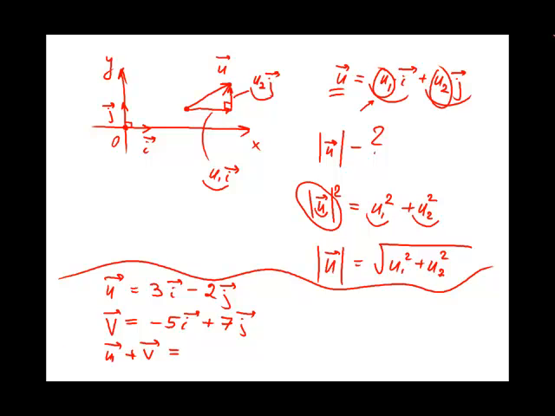Look, 3i, first goes vector u, minus 2j, plus vector v. You may open a bracket if you wish. Then you write your vector v, minus 5i plus 7j, close bracket.